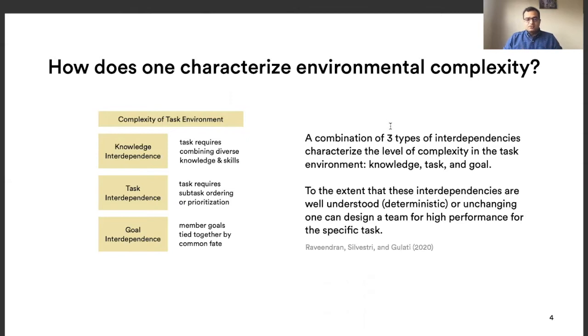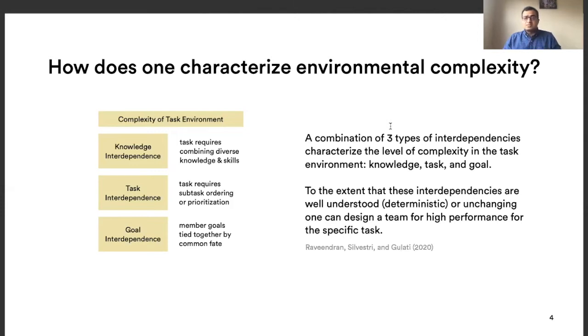In a non-binary sense, complexity is defined as a joint function of 3 different types of interdependencies: knowledge, task, and goals. Knowledge captures the different types of skills or knowledge that you need to combine to successfully complete the task. Task interdependence focuses on subtask ordering or prioritization effects, the amount of workload that you have to navigate.